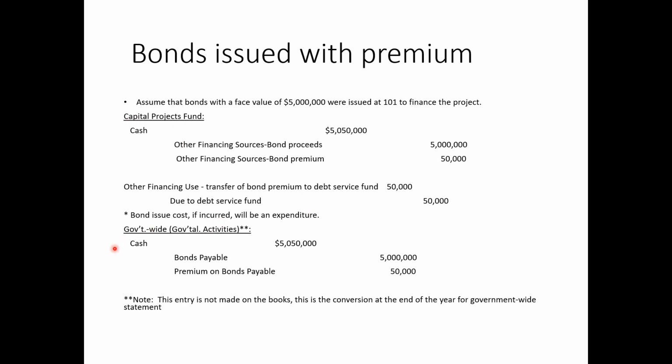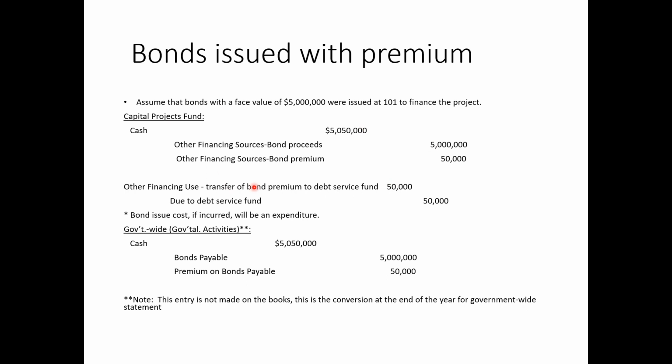Okay, for the same transaction, if we record it for the government-wide statement, we're going to have the following entry, which looks exactly the same as in intermediate financial accounting. However, this entry is not made on the books. We record this entry merely to show the difference between the capital project fund and the government-wide statement.